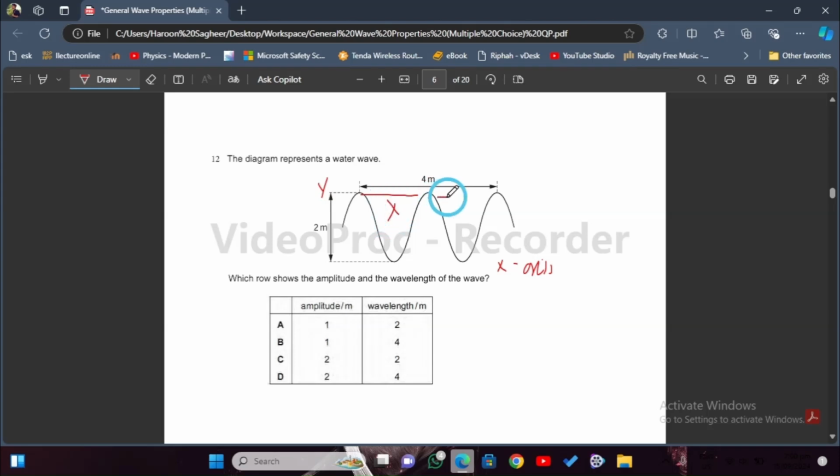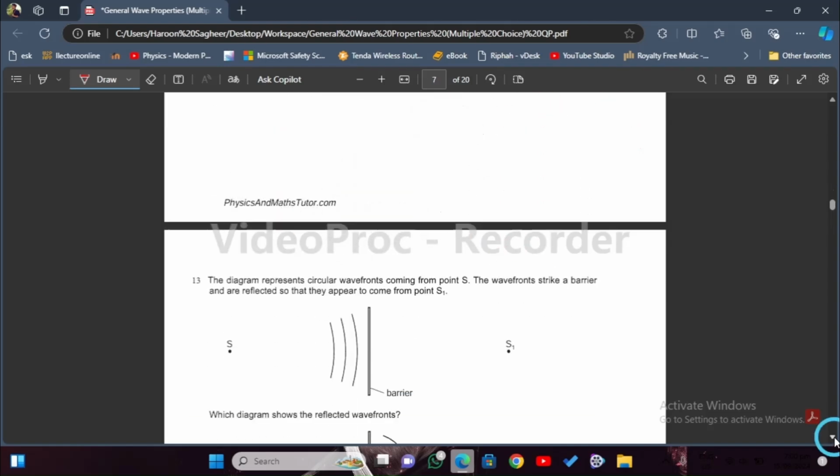Now this is basically the distance between 2 crests. All we have to do is divide 4 by 2 and that would give us 2 meters. So it is basically 2 meters here and 2 meters here. That means option C is correct. Let's go to the next question.